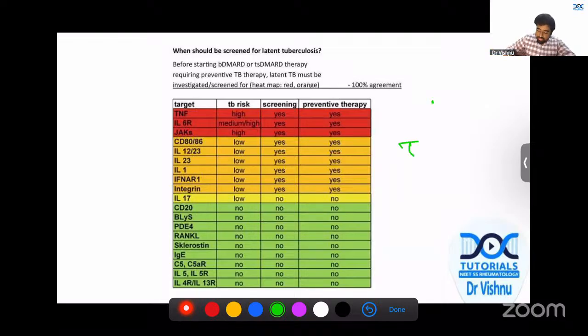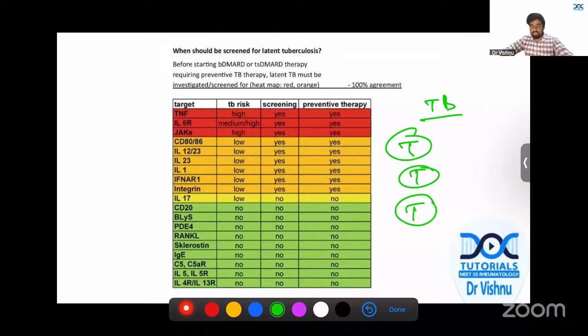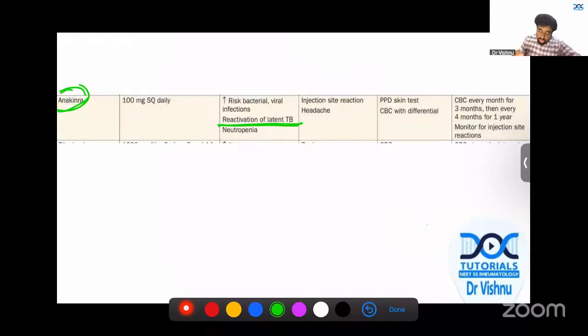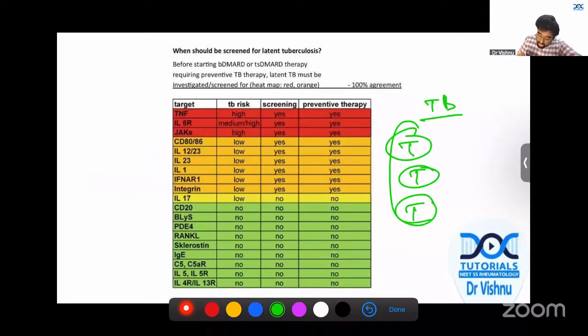Just remember TB, TTT: tofacitinib, TNF alpha, and tocilizumab. That's as simple as that. Then comes the other one. Here, abatacept is also given among the higher risks. As such, it's lower risk, but it's not no risk. So abatacept is definitely there. Then you have anakinra also, which I showed you, and here also IL-1 is there.